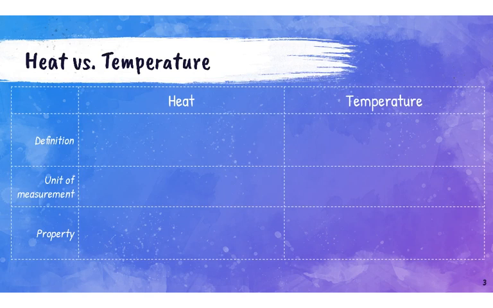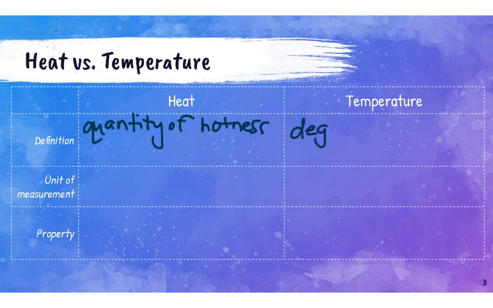At this point, you should have watched the video that introduced you to temperature versus heat and what those mean. A lot of the time it can be confusing, and a lot of people think that heat and temperature are interchangeable and that they are the same thing. But if you remember from the video, heat was the quantity of hotness, the amount, whereas temperature is the degree of hotness.